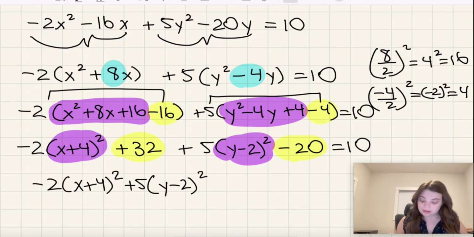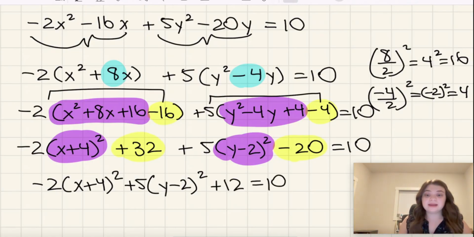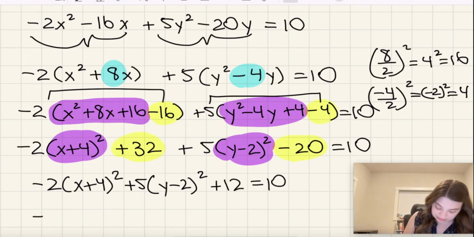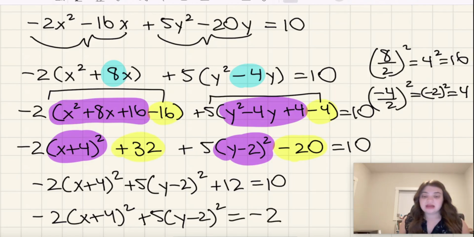The 32 and minus 20 can be combined to be plus 12, and that's equal to 10. And then I can just subtract 12 from both sides for my final step and get that this is going to be -2 times x plus 4 squared plus 5 times y minus 2 squared is equal to -2. And that is going to be our final answer.